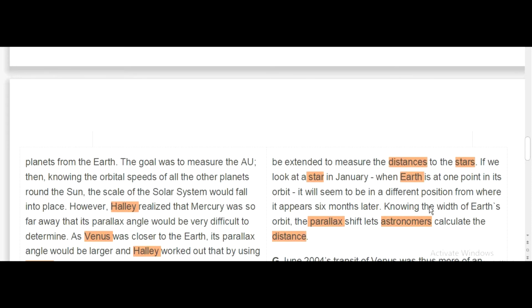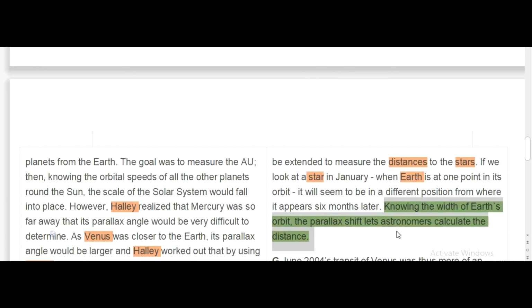I think to make sure I'm reading this line as well. Knowing the width of the Earth's orbit, the parallax shift lets astronomers calculate the distance. Okay. It tells us by using the parallax principle, we can measure distance to stars. We confirm here that the parallax principle allows astronomers to calculate the distance between Earth and stars. That's our matching sentence.